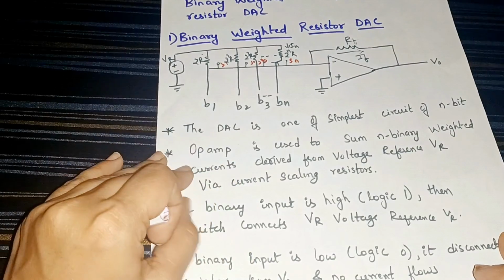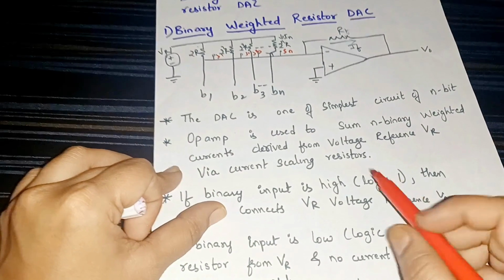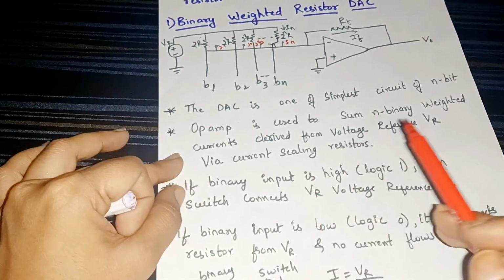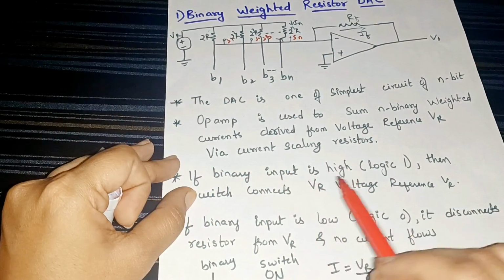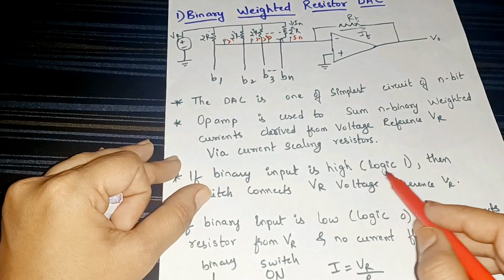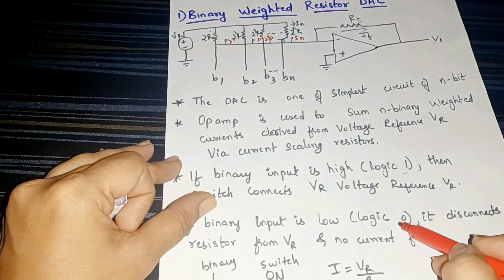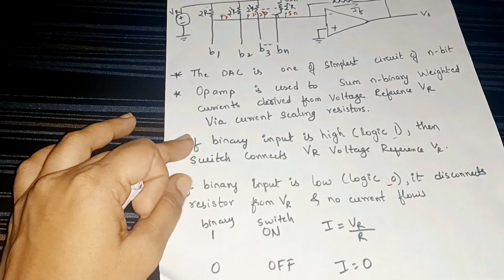The op-amp is used to sum n binary bits, which are derived from the voltage reference VR and current scaling through the resistors. If the binary input is high, it gives output 1, and if it is low, output 0.